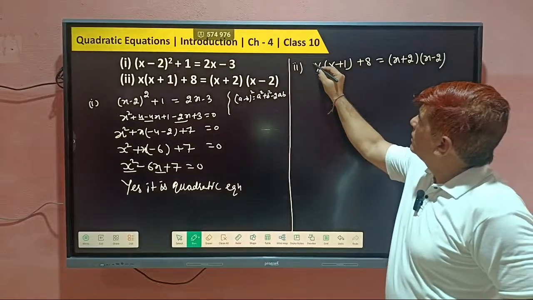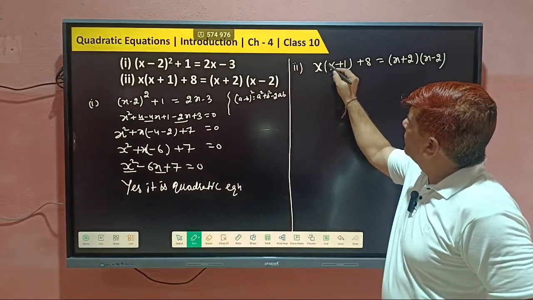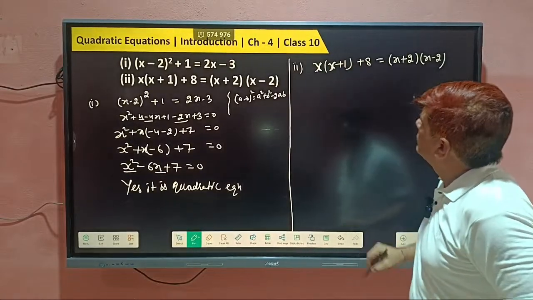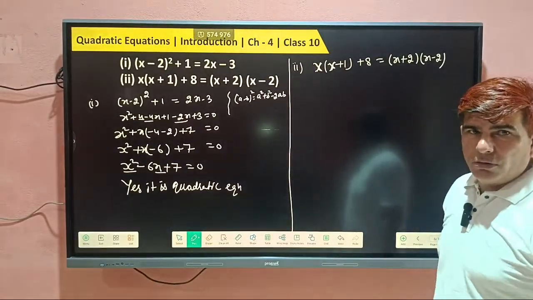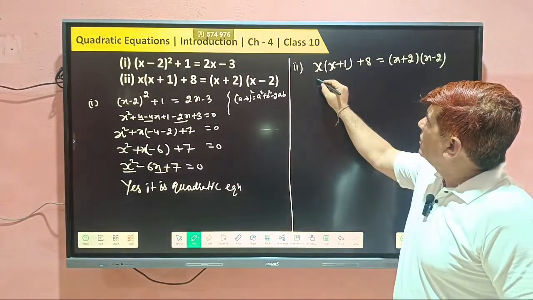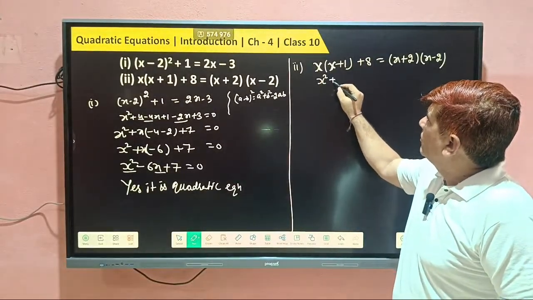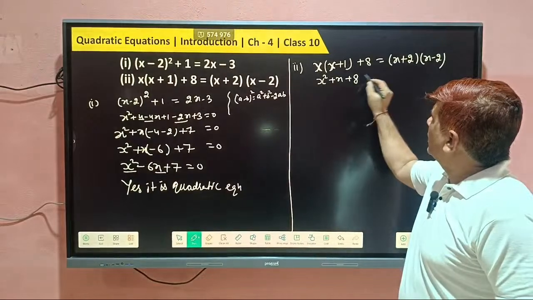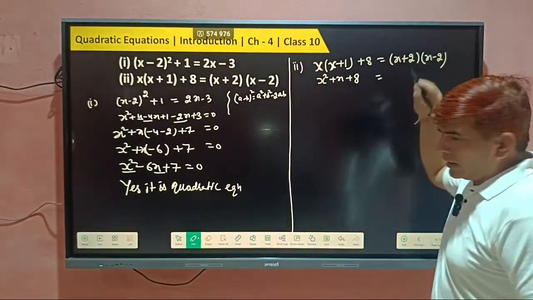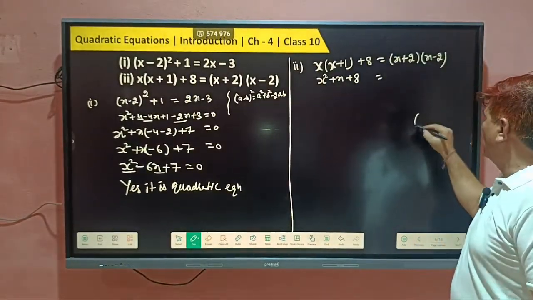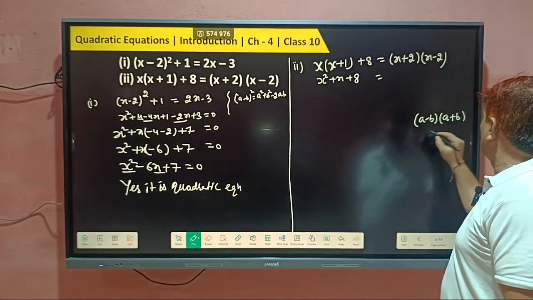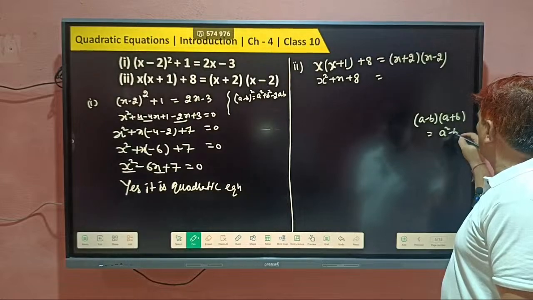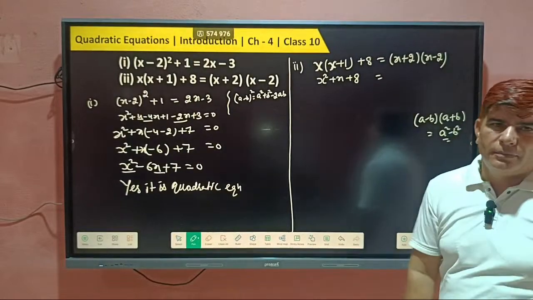So this becomes x square plus x plus 8 equal to, directly we can also write a minus b, a plus b is equal to a square minus b square.